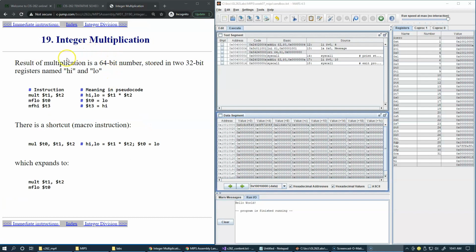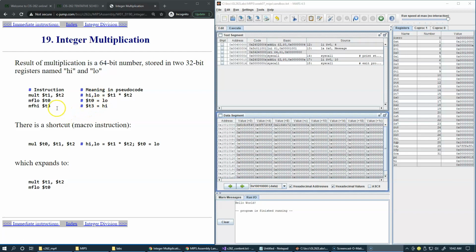Integer multiplication result is always a 64-bit number, which requires two registers, and internally in MIPS hardware there are registers named high and low, but there is no direct access to high and low.